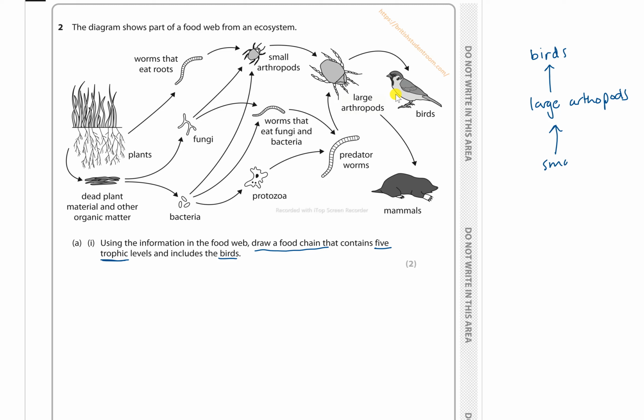It's a small arthropod. What gets eaten by that? Worms that eat roots. And then finally, that will be eating a plant. There you go.